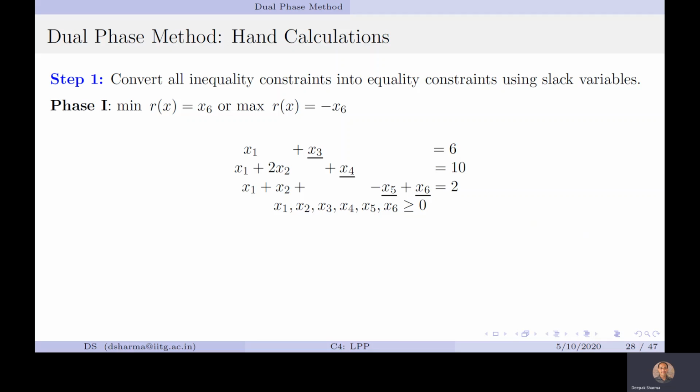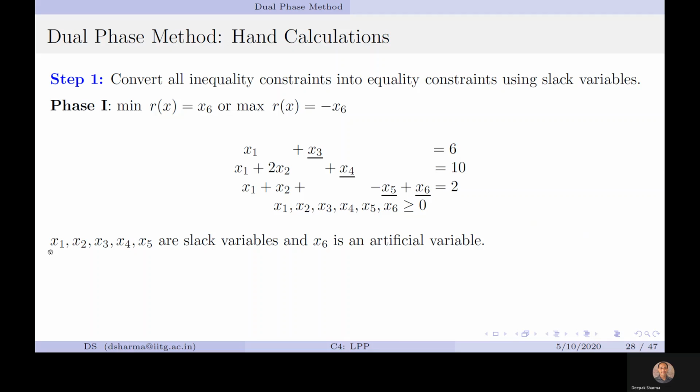So we want to minimize the summation of all artificial variables. Now, the rules which we have gone through till now are for a maximization problem. So we convert this minimization problem into a maximization problem using the duality principle: maximization of R = -x6.